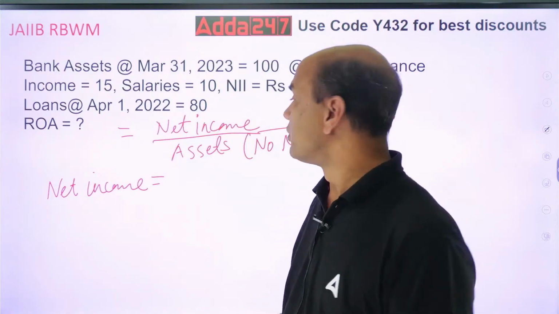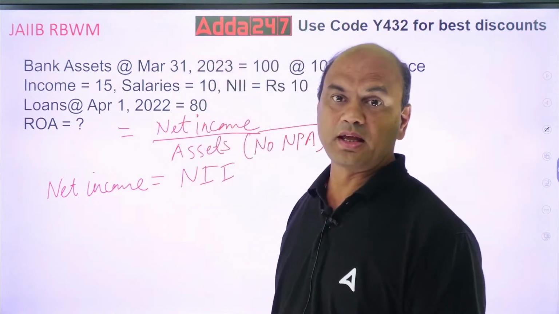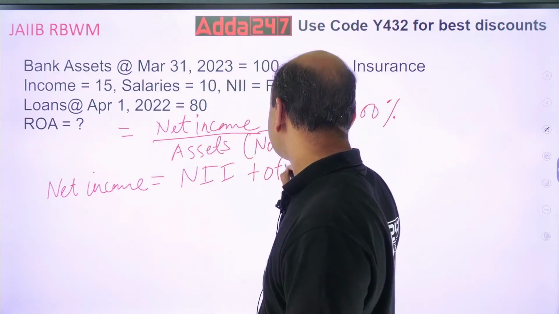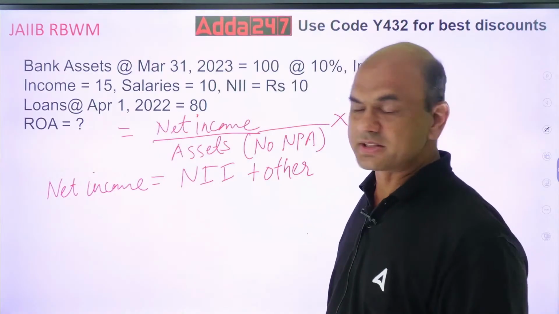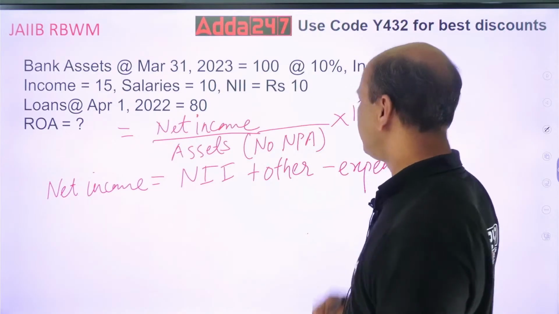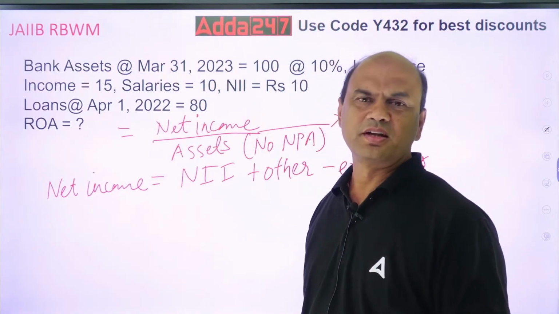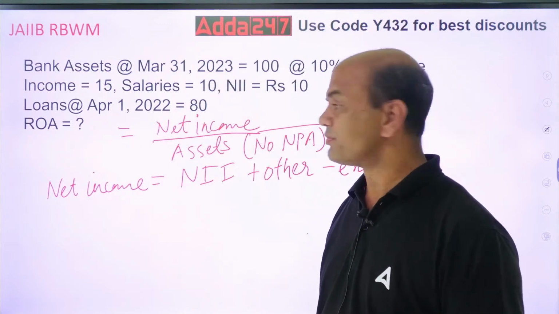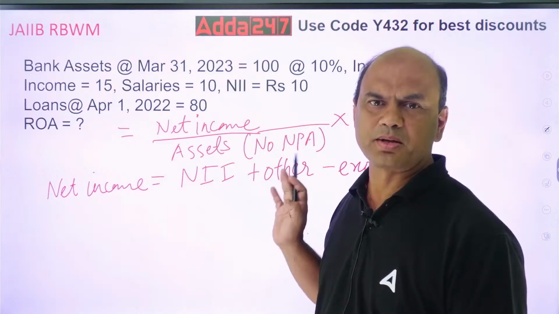One is your NII, or we call it spread, plus other income, minus expenses. This other income can include anything: third party products, or investments, bonds which you have invested in, from which you get returns. Mainly here we include TPP, third party products.